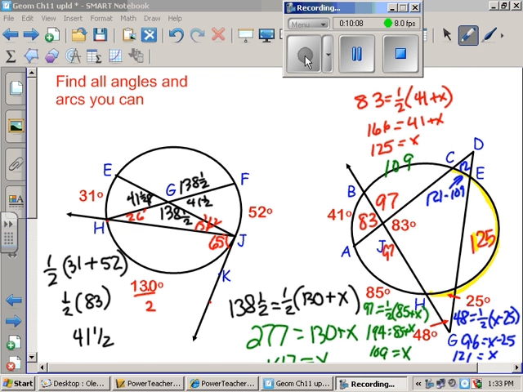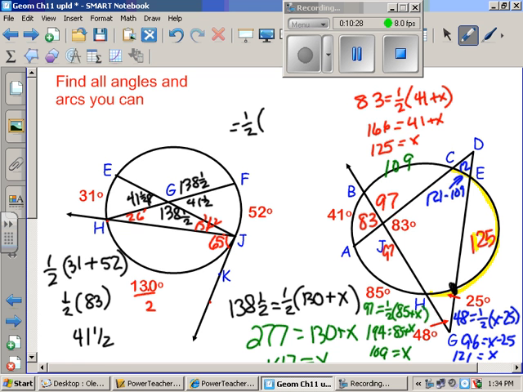Angle D is outside the circle, so the angle is equal to 1/2 the larger arc minus the smaller arc. So the larger arc is 110, because it's all the way from A all the way over to that point right there.